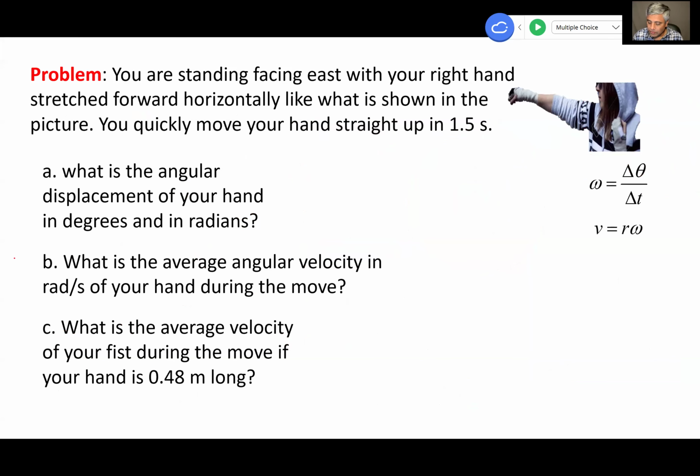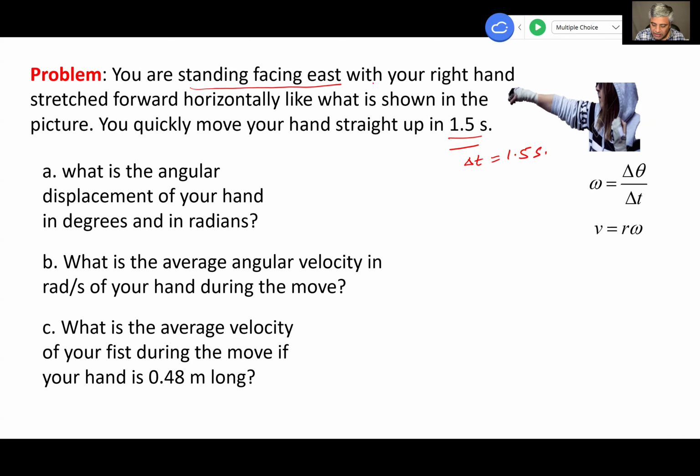And here is a question related to how we can calculate those things using the idea we just talked about. I'm bringing a very simple question where you bring your hand from straight horizontal to up like that. The time interval is 1.5 seconds.